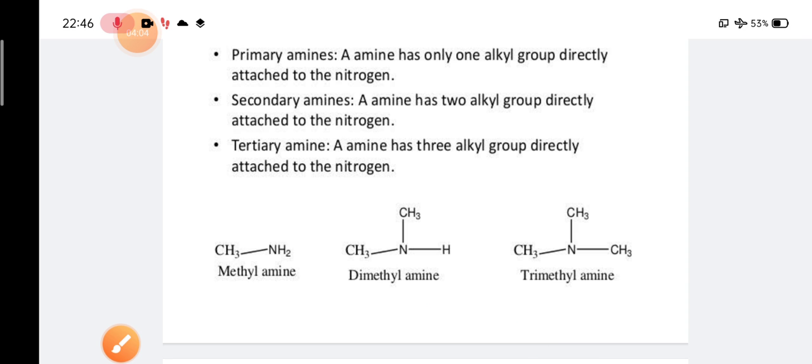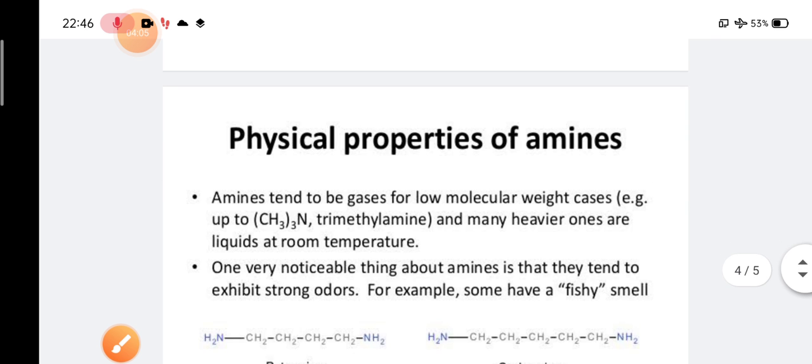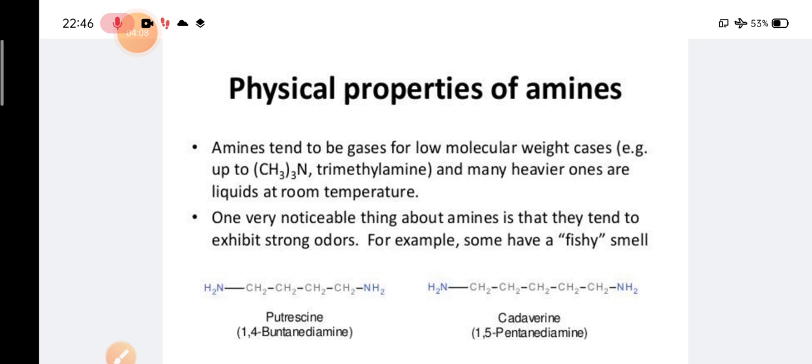So let's proceed. This is the introductory part of amine, or the nitrogen derivative chapter. Although this is an introductory part, we will discuss some more about the physical properties of amines.